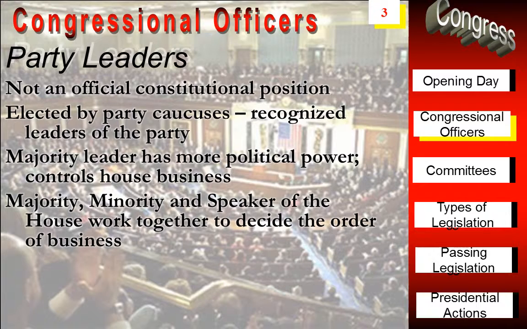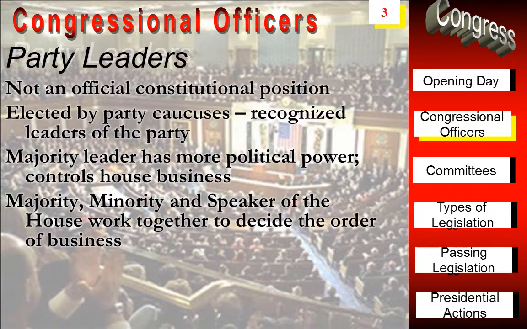Now, party leaders are elected by the party caucuses. These are the private meetings of the political parties. The Republicans have a caucus, the Democrats have a caucus. And these people have been selected by the political party members as who's going to help them organize in their processes for what they're going to do.